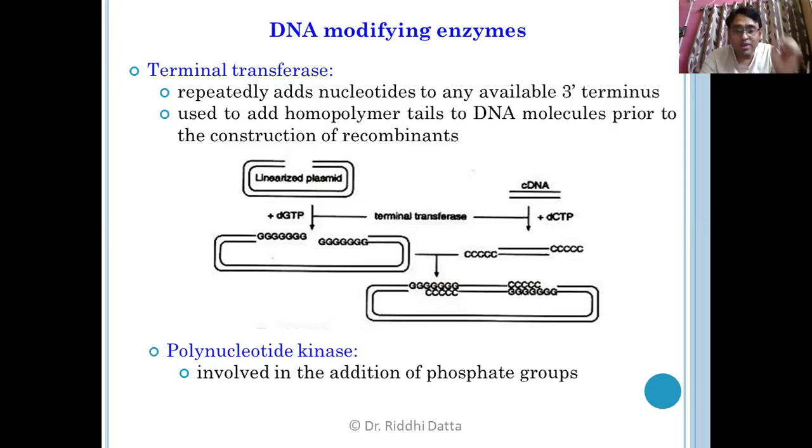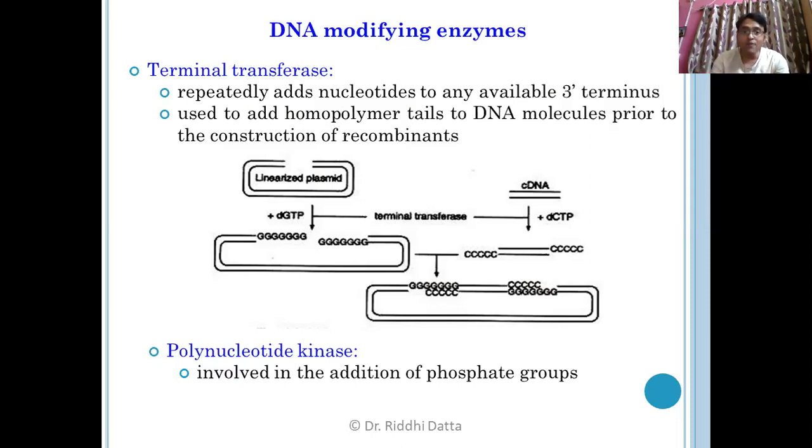So if I add dGTP, poly G will be added to the 3' end of the vector, at both termini, the 3' end of both strands. If we add poly T, then poly T will be added to the 3' end of both strands of the vector.